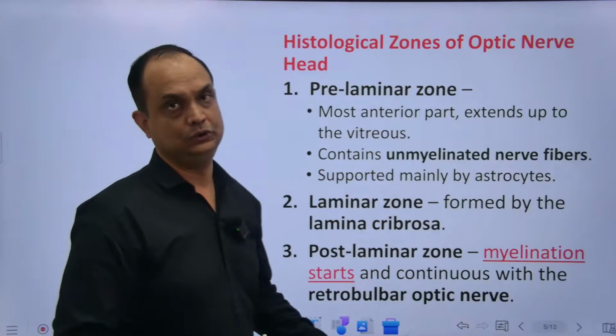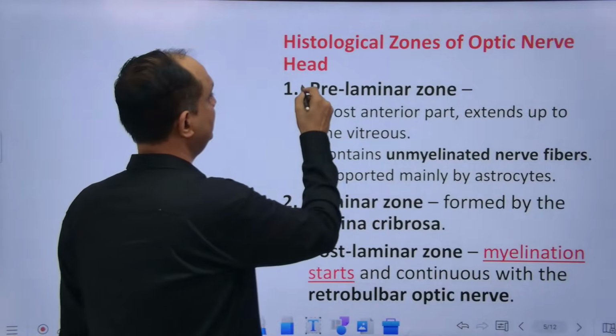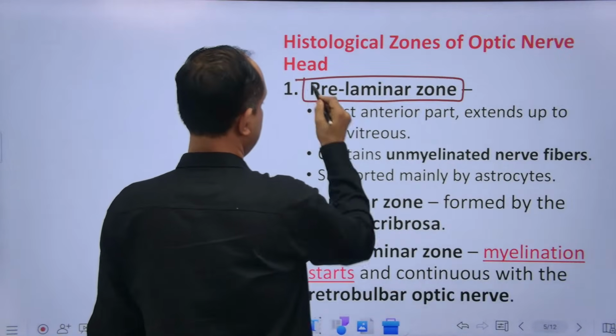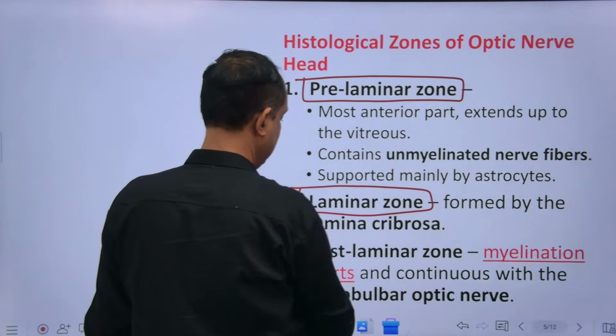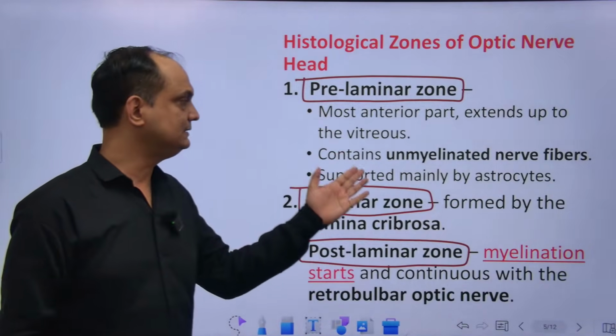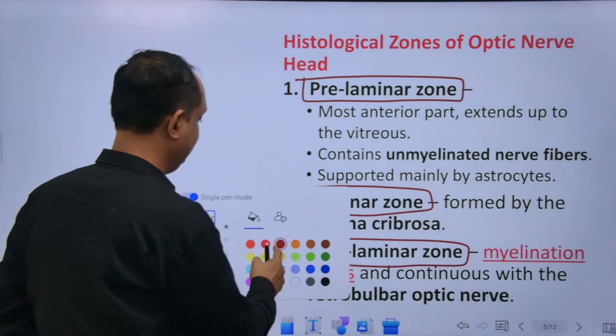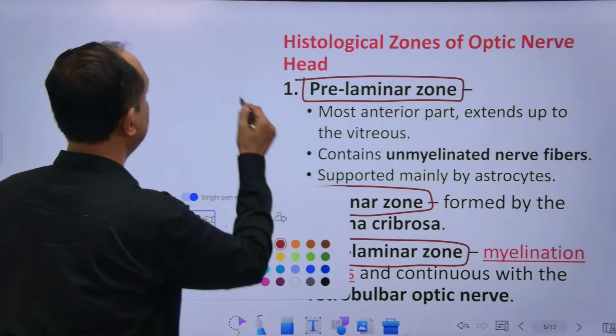This zone of the optic nerve is divided into three parts: prelaminar zone, laminar zone, and post-laminar zone. Clear? Now let's discuss all these three zones one by one. Suppose we have the three layers of the eyeball.